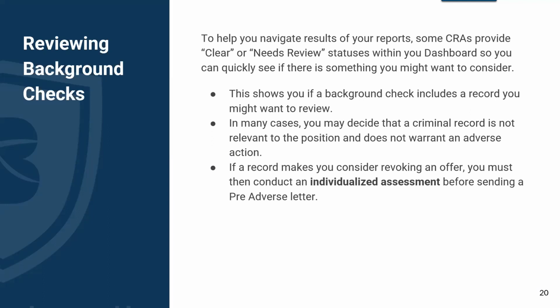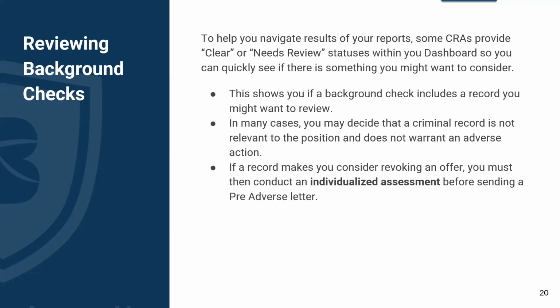However, if your background check includes a record that you might want to review, it'll most likely say something along the lines of needs review, and then you'll be able to review that record. And in many cases, you might decide that a criminal record is not relevant to the position and doesn't warrant an adverse action. An example would be if somebody had a DUI 5 years ago, but they're a receptionist and they're not going to drive company vehicles. Maybe that's not a disqualifier, but you at least know of that record.